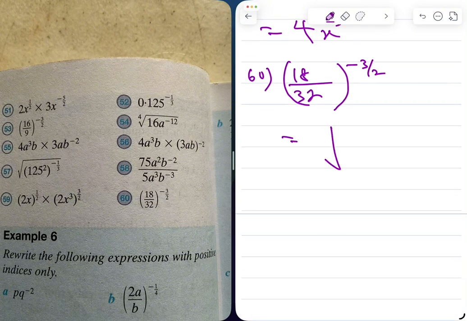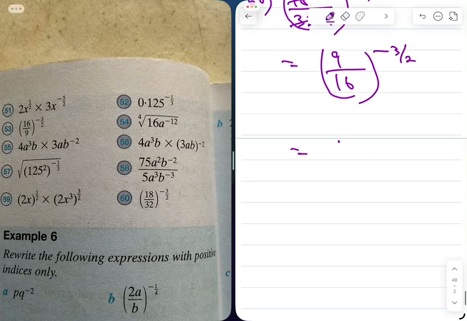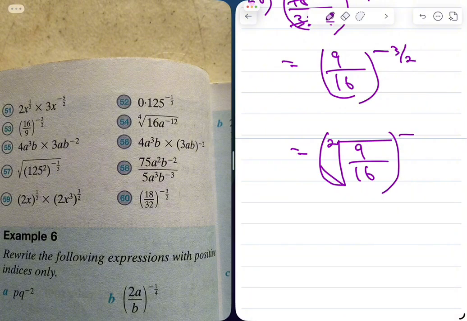That's equal to the square root of 18 over 32. 18 doesn't have a square root, so let me reduce this to a lower term. 2 in 18 is 9 and 2 in 32 is 16, and that simply means 9 over 16 raised to the power minus 3 over 2.